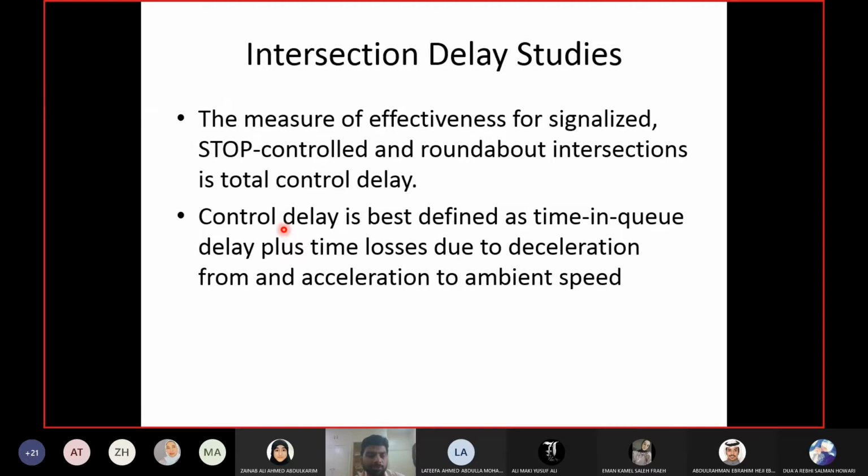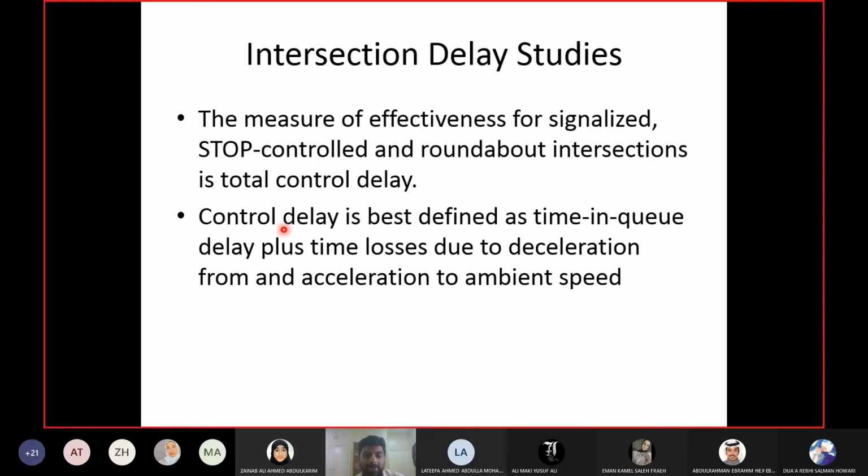The vehicle has to join the queue and stop in line with the other vehicles. Queue means the line, or a saf in Arabic. You have a line of vehicles, you join the queue, and you stand in the queue. That is part of control delay.